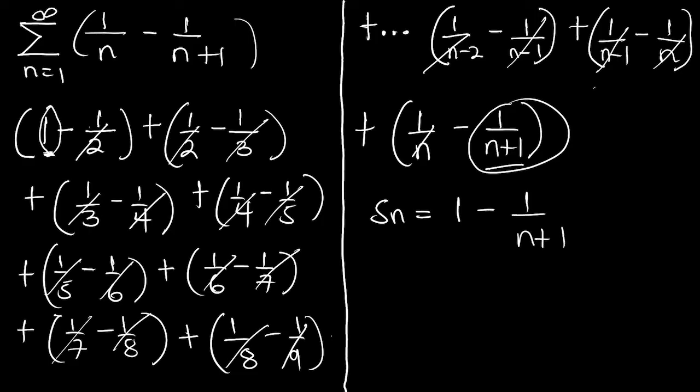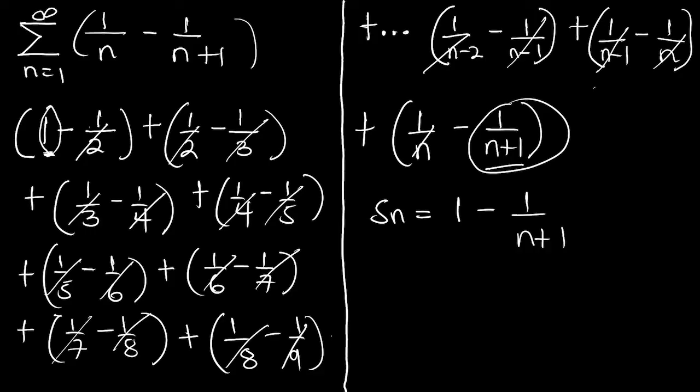So this is going to be the partial sum. After we are done writing most of the terms, every term is going to take care of each other. They are going to cancel each other except these two. So when we sum them, even if we sum them up to infinity, like in this question, we are going to have 1 minus 1 over n plus 1.